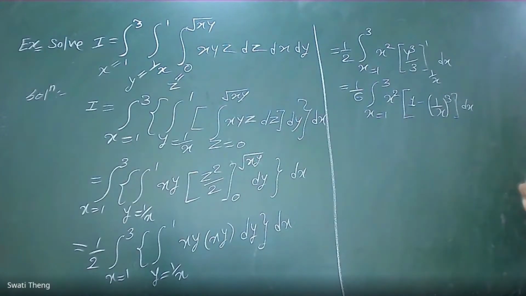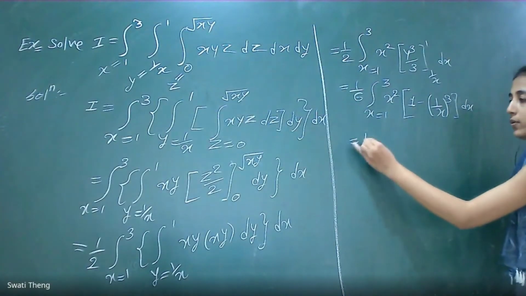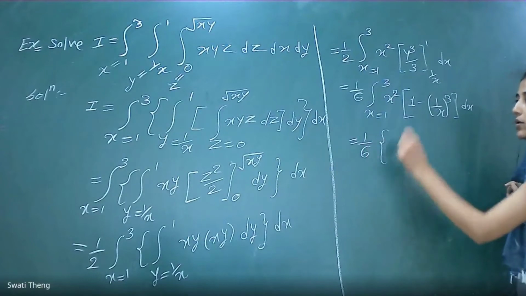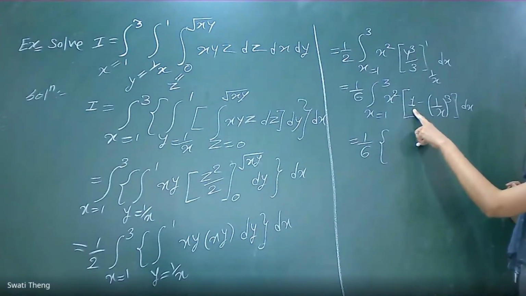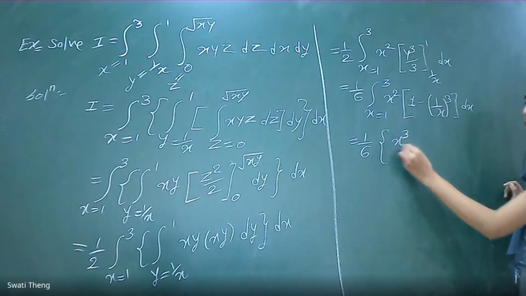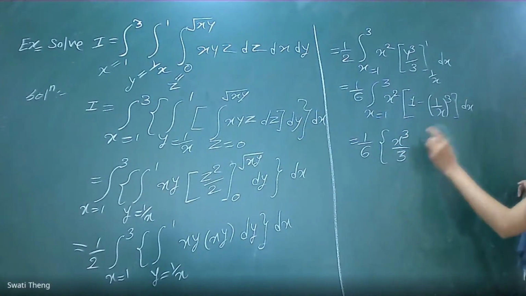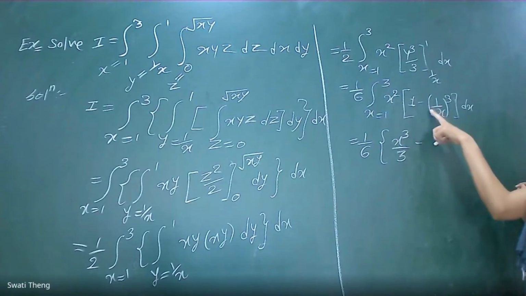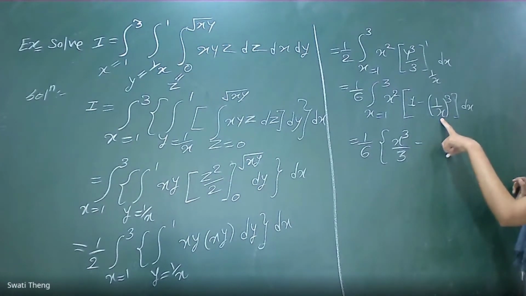Separate this integral and solve one by one. So 1 upon x, it is x square into 1, that is x square, and integration of x square is x cube by 3. Then minus, here x square if we multiply in the bracket, then it is cancelled with this denominator x cube.